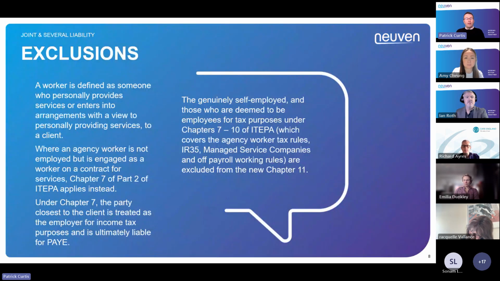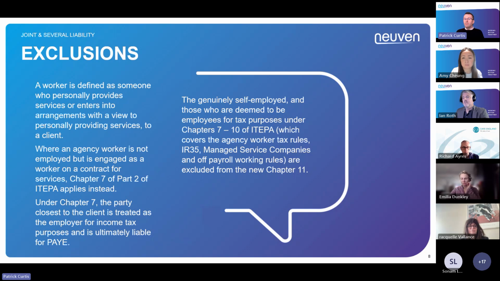So I said a few minutes ago that when we were looking at workers who have a material interest in their company as an exception, there are some exceptions to what this legislation applies to. The biggest one is it applies to Chapter 11 tax, and Chapter 11 is paid in respect of employees.